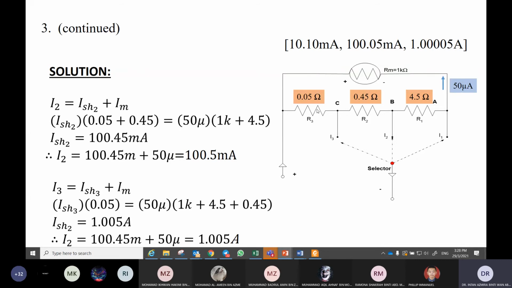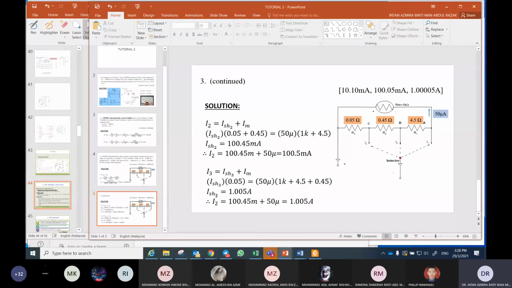R here is 0.05 only, so the rest is for the other path. This is I shunt 3. Any question? This is I3.